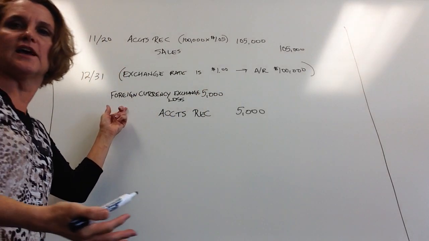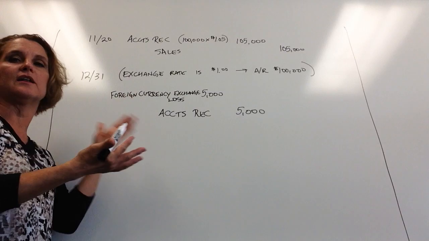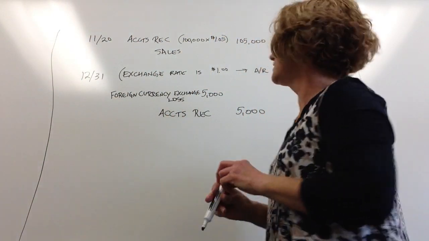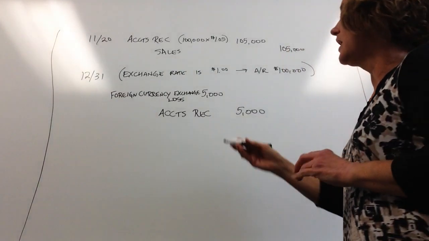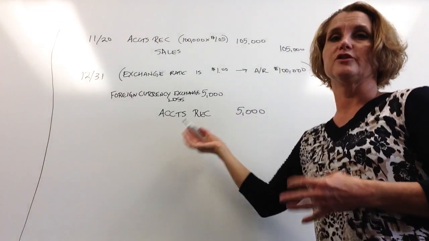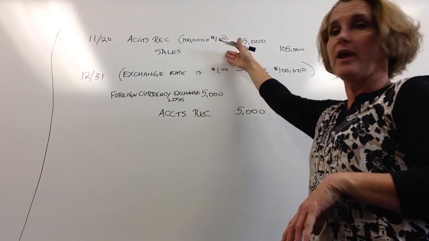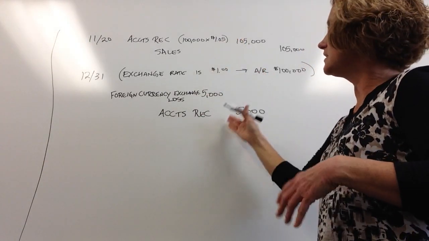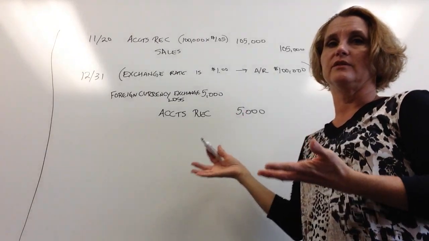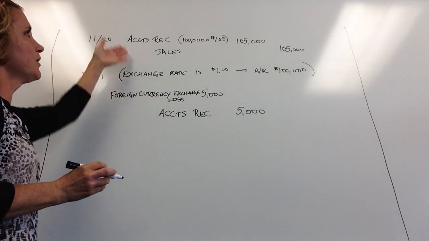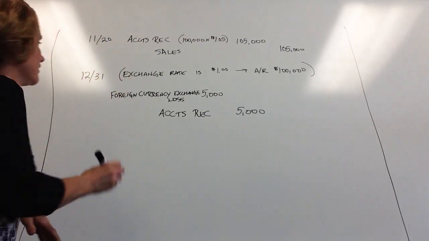On the test, I don't care how you abbreviate that, as long as you know it's a loss and it's relating to that foreign currency adjustment. So they've lost $5,000 because they gave these people 90 days to pay. Had they paid them then, they'd have gotten $105,000. Now we're down to only getting $100,000, but at least from the auditor standpoint, our accounts receivable are properly valued.